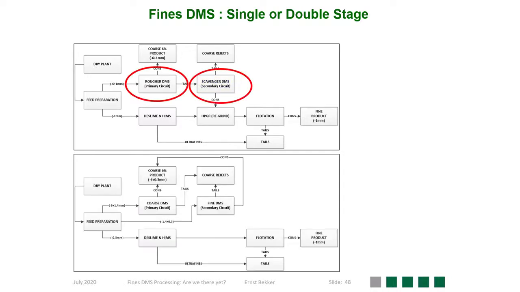There seems to be a trend now that they want to separate the size fraction into a coarse and a fines fraction, and then have single dense media cyclones instead of the original two-stage dense media cyclones.